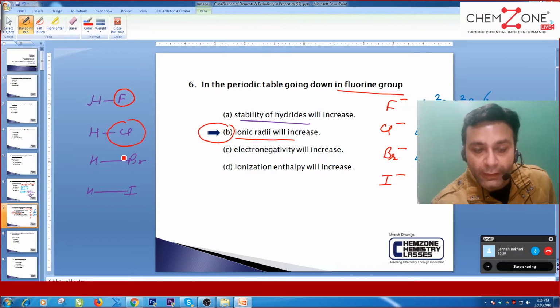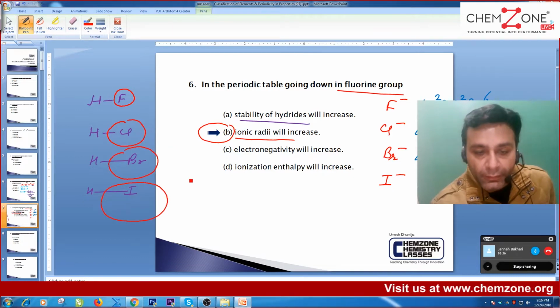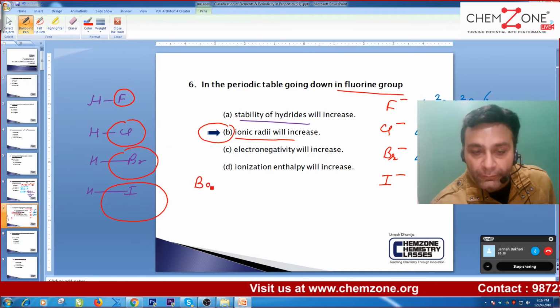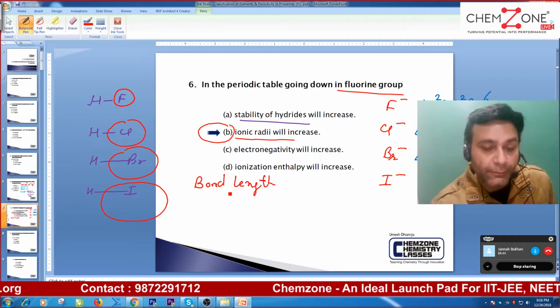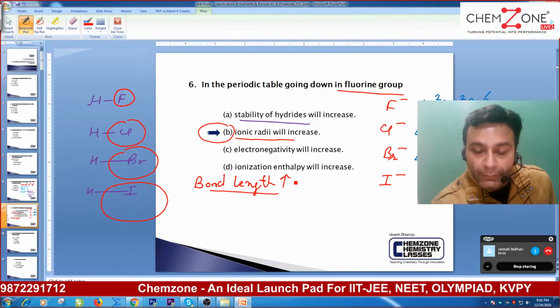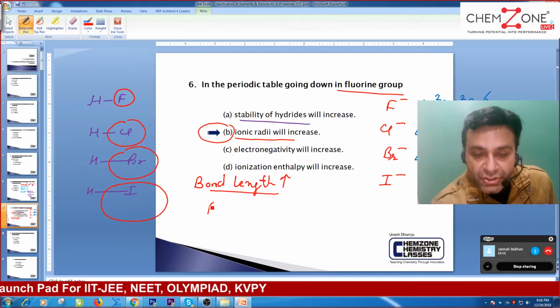The atomic size will increase. As the size increases, the bond length will become longer. As the bond length increases, the bond strength will decrease.